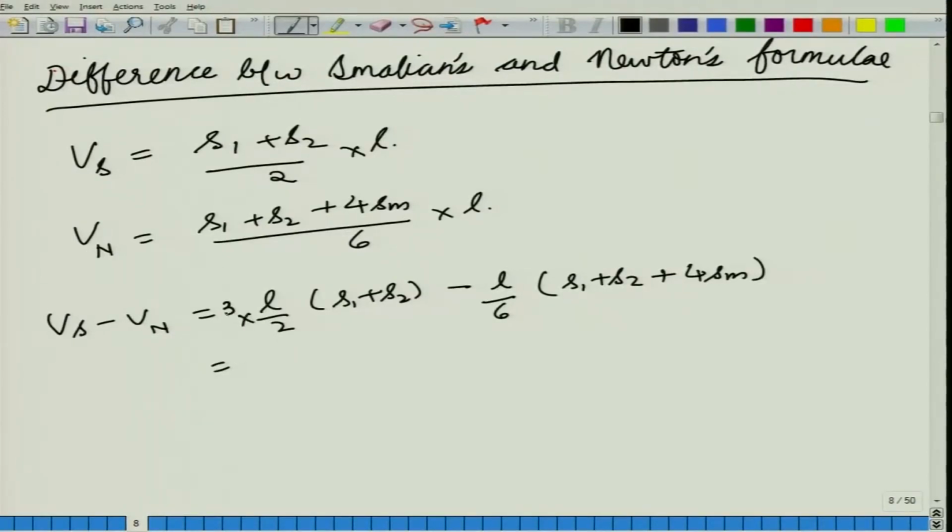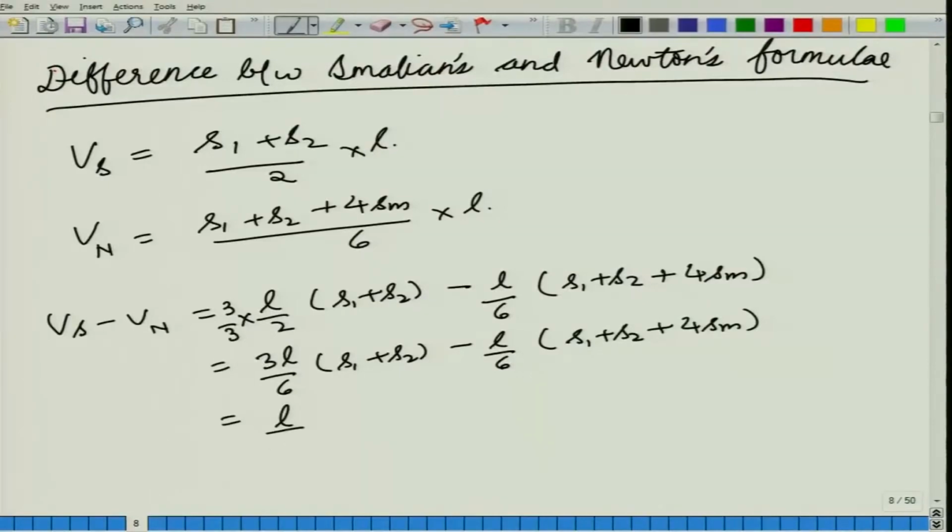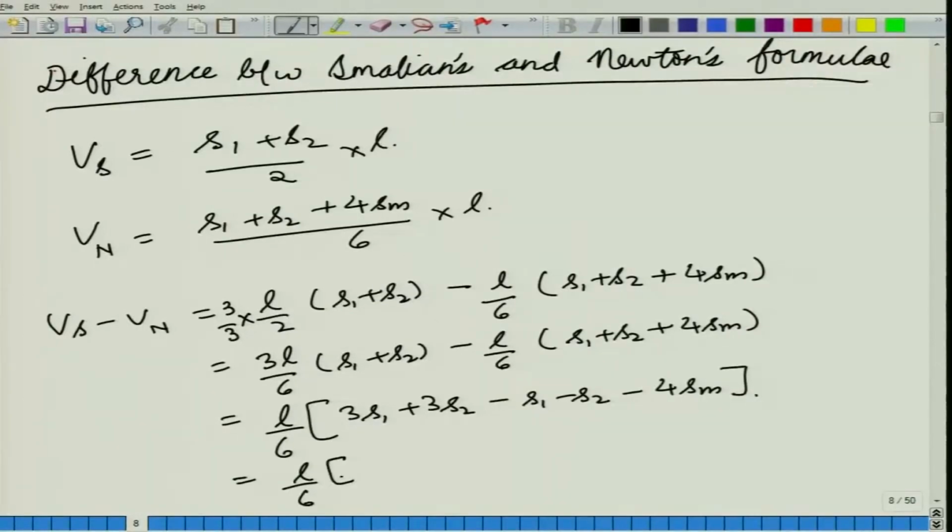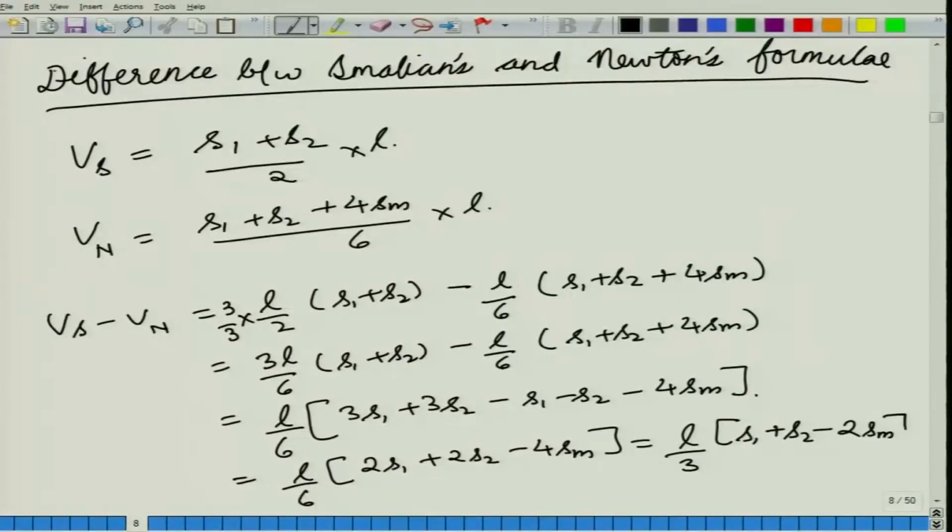or if you multiply by 3 by 3, that is multiplying it by unity, we get 3L upon 6 (S1 plus S2) minus L upon 6 (S1 plus S2 plus 4 Sm), or taking L by 6 common, we have 3 S1 plus 3 S2 minus S1 minus S2 minus 4 Sm, which is equal to L by 6 (2 S1 plus 2 S2 minus 4 Sm), which is equal to L by 3 (S1 plus S2 minus twice of Sm).